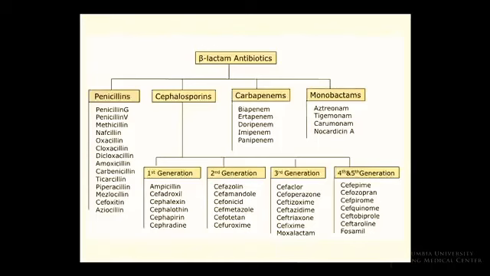And then just to flesh that out a little bit more, the beta-lactam antibiotics, not every drug name that's under each category you're responsible for, just to not let you panic. But the penicillins, you see the cephalosporins. So the last slide I had penicillin, cephalosporins, carbapenems, and monobactams.